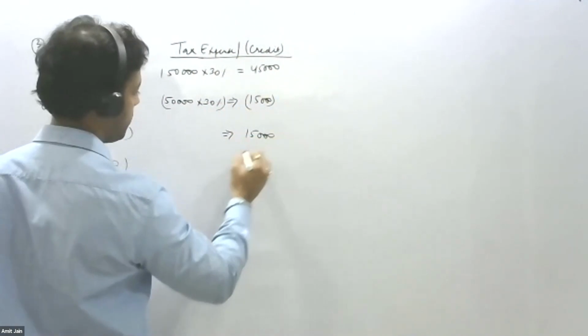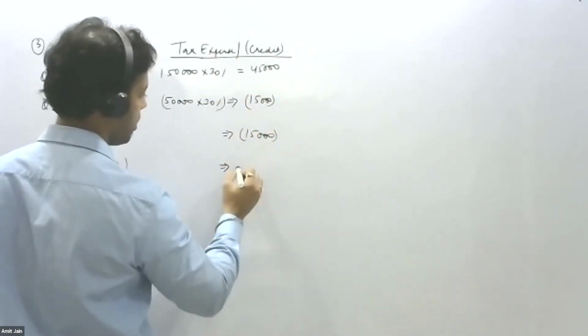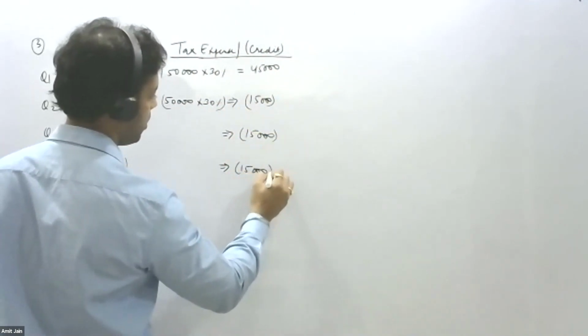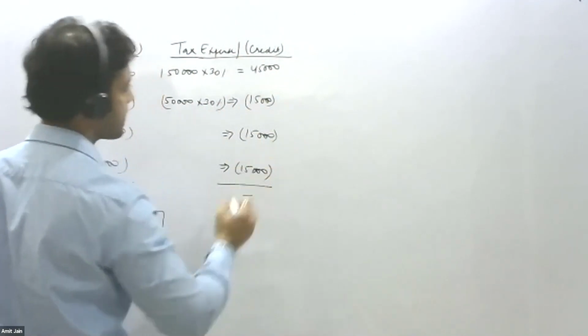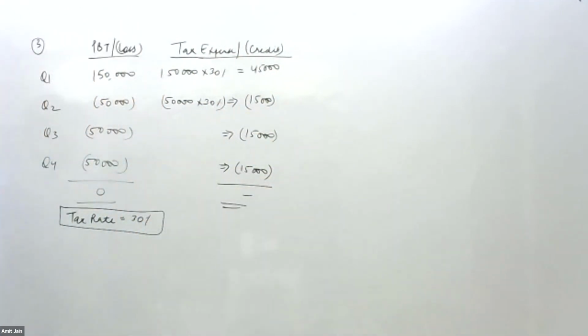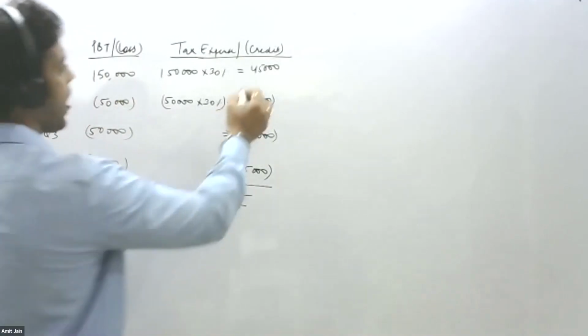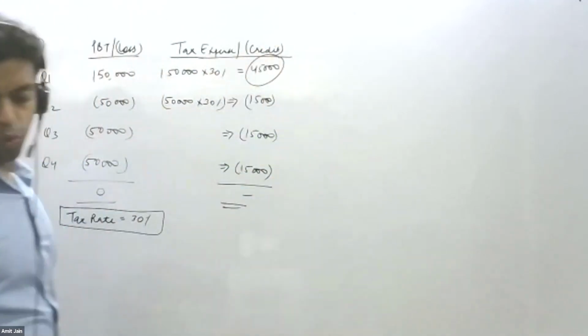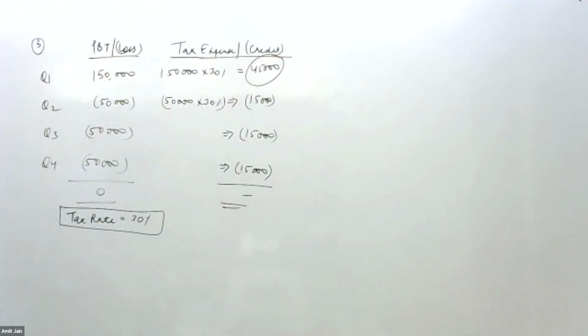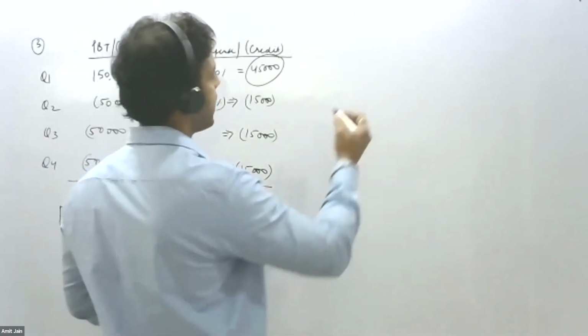Same amount, same amount, right? But there will be a tax in a particular quarter. There will be a tax in a particular quarter. Right, guys?